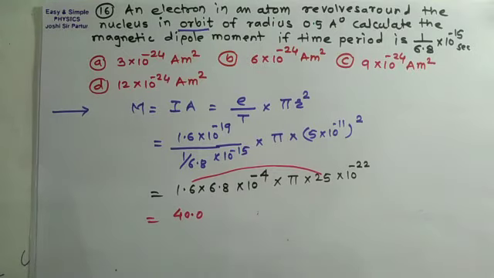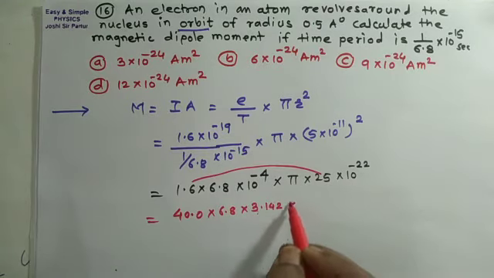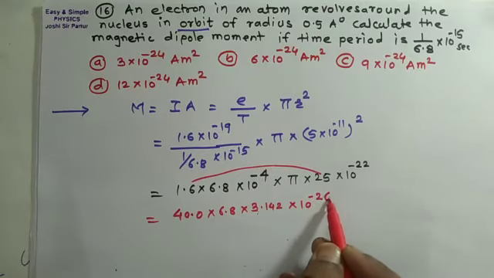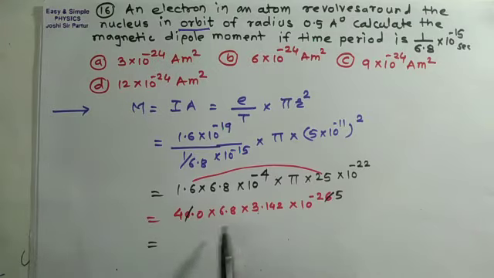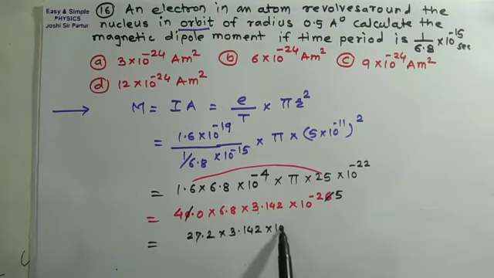So 40.0 into 6.8 into 3.142 into 10^-26. The zero cancels, so it becomes 10^-25. 4 into 6.8 is 27.2, into 3.142 into 10^-25.